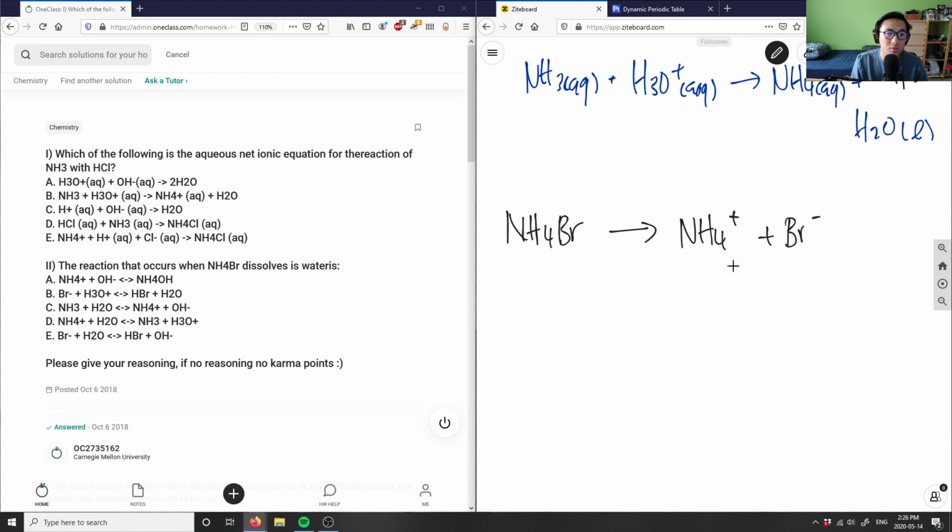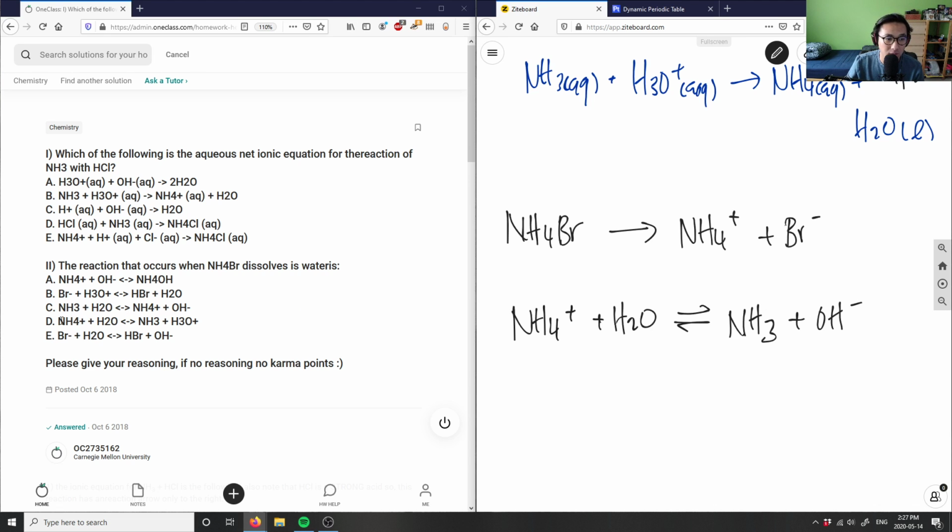These two dissolve first, and then NH4 plus is going to react with water, and this will be in equilibrium, and I would get back NH3 and then my hydroxide ion in this case.